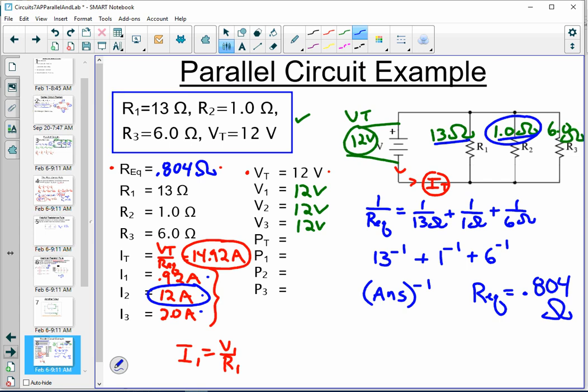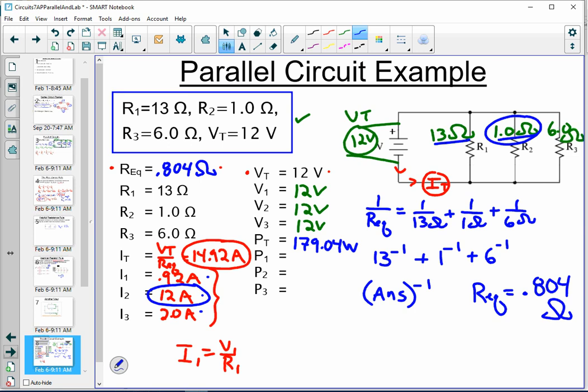The powers, we can employ our power equations much like we employed Ohm's law. We can do P total is I total V total, P1 equals I1 V1, and so on, to multiply out the powers. If we do that, we will get a P total of 179.04 watts.